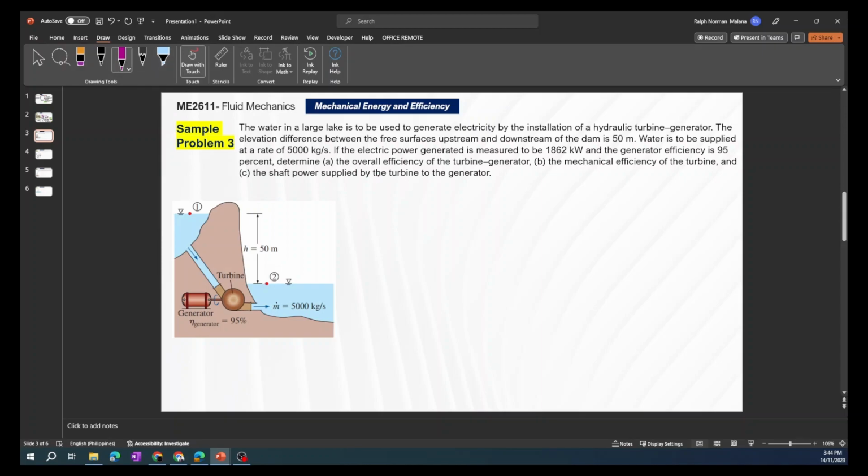So our required here, so we're here to ask for, let's just put it here to save space. So we're here to find, and let's just put it in symbols. So the overall efficiency of the turbine generator. So we put that as efficiency of the turbine generator, and the mechanical efficiency of the turbine.